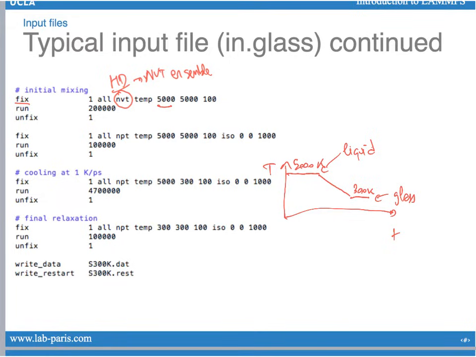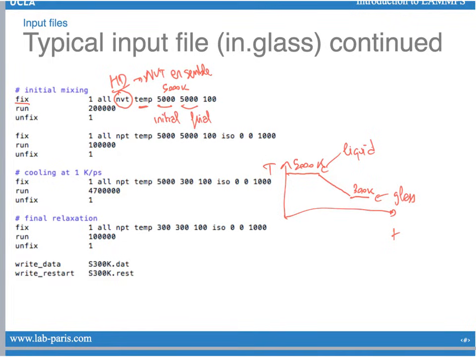Here you don't need to provide the pressure because the volume is fixed, so the pressure will be calculated. This is not something that you fix. And you need to provide the temperature. Those two numbers correspond to the temperature, so this means 5,000 Kelvin. The reason you put two numbers is that you should always put the initial and the final temperature.